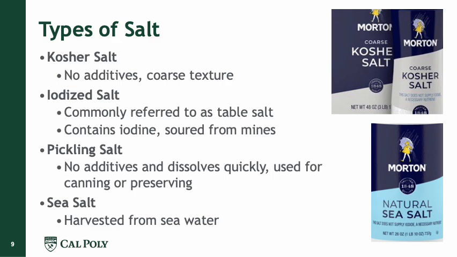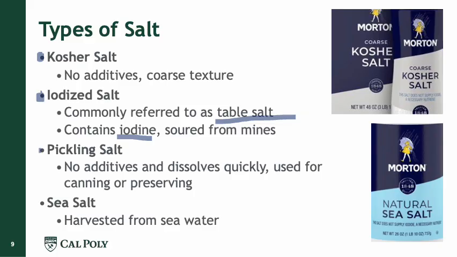So there are several types of salt, and we're going to go over what they are. We have here the kosher salt. This type of salt has no additives and it has a coarse texture. Then we have the iodized salt. This is the most common salt and is also referred to as table salt. It contains iodine and it's sourced from mines.